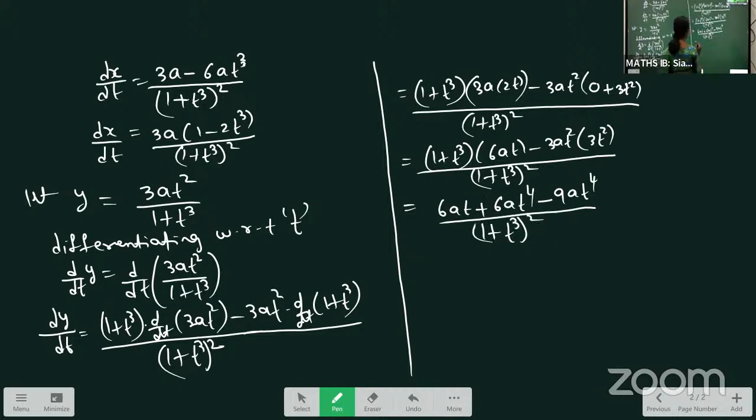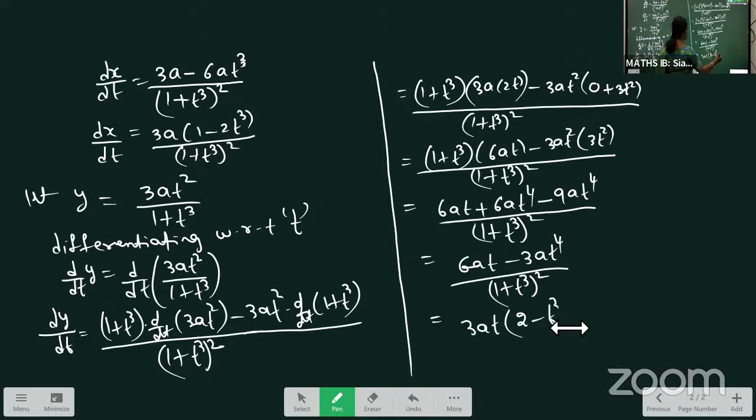So what do you get? 6at minus... 6at power 4 minus 9at power 4 is minus 3at power 4, by (1 plus t cube) whole square. Try to take common. In both the terms, 3at is also common. So here what we get: 3at (2 minus t cube) by (1 plus t cube) whole square. This is dy by dt.